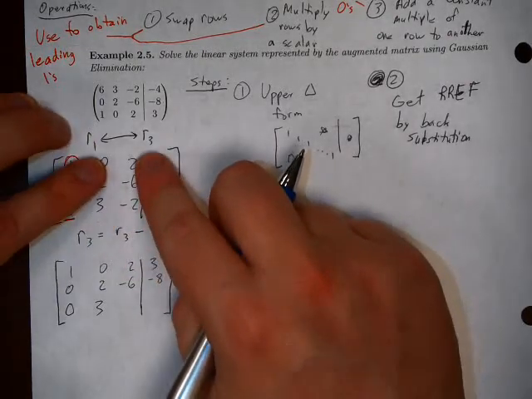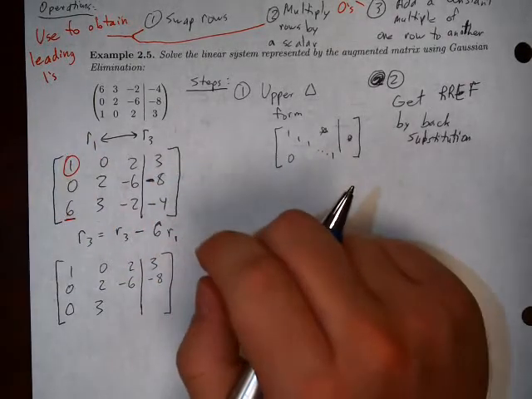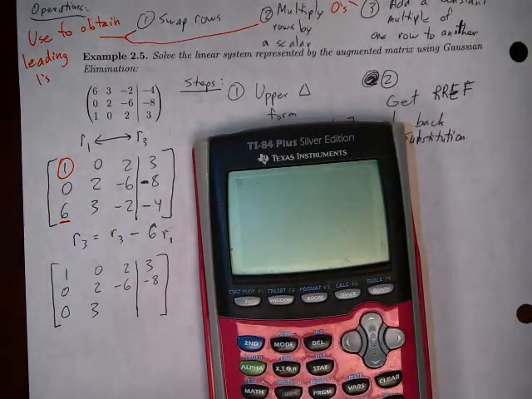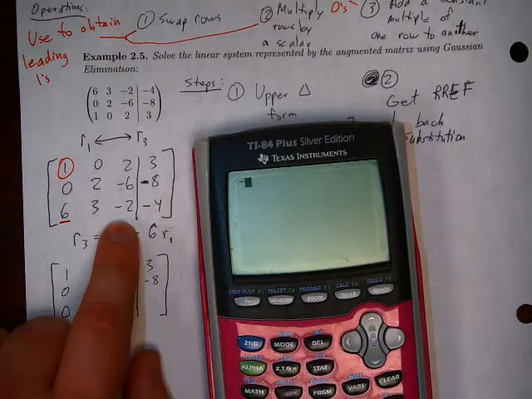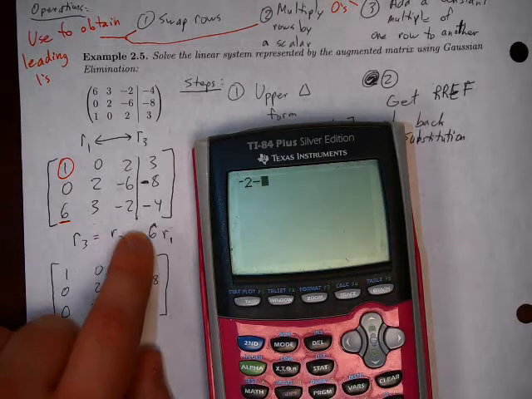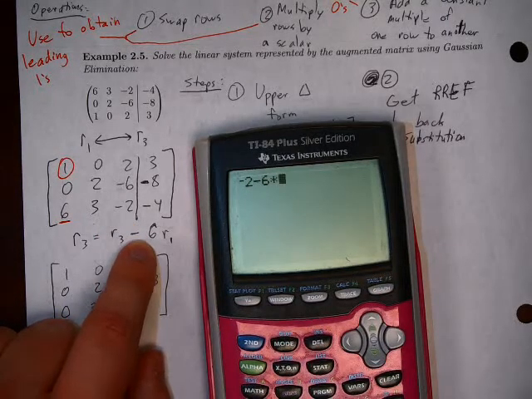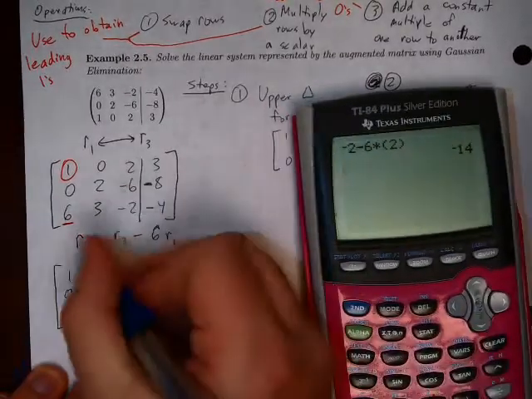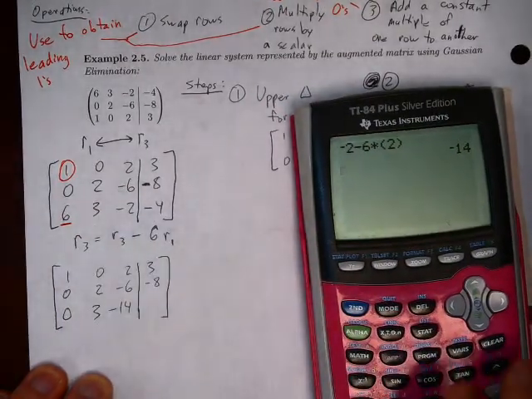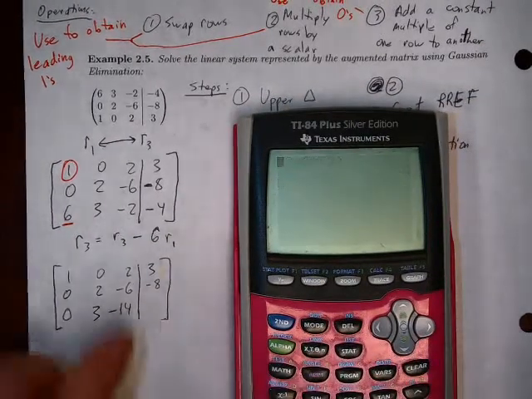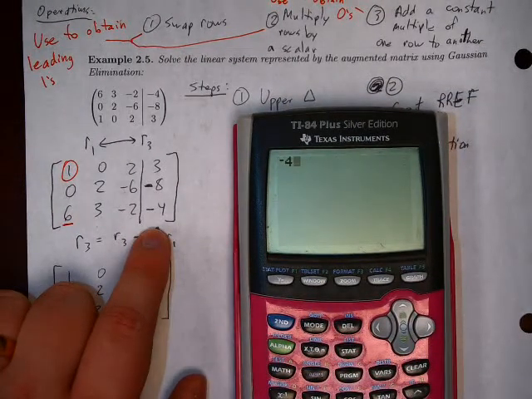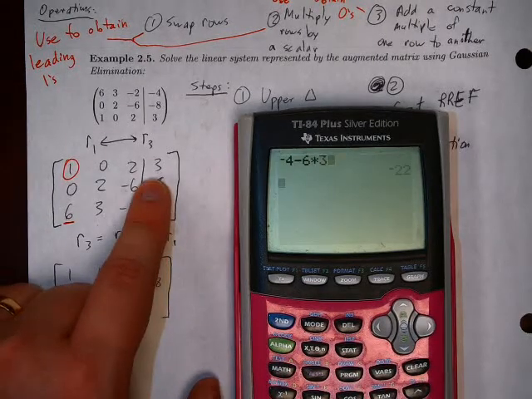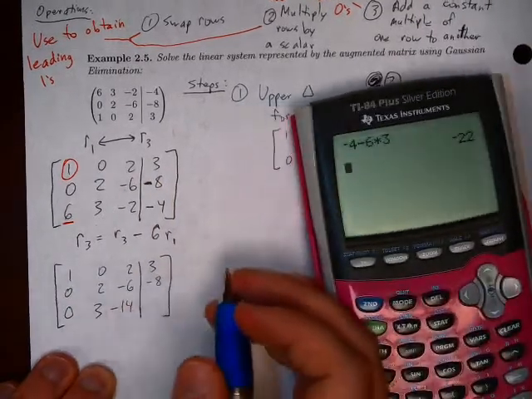Negative 2 minus 6 times 2 gives negative 14. And last but not least, negative 4 minus 6 times 3 gives negative 22.